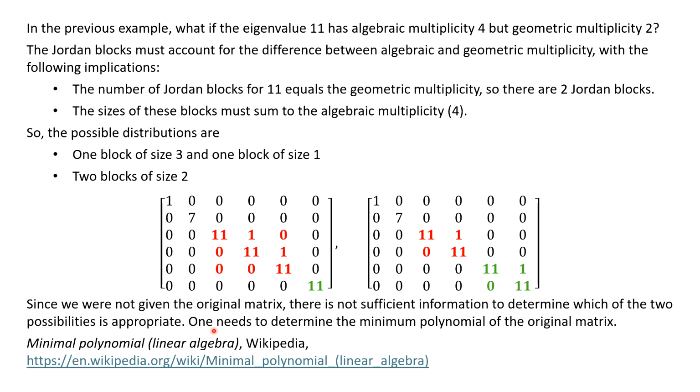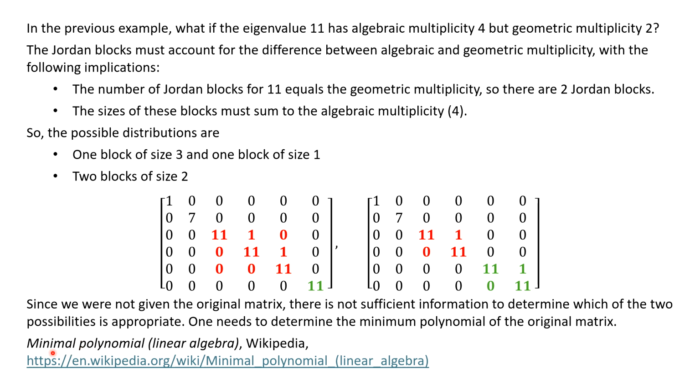So what you need to do, and I'm going to leave this as sort of a research project for the listener, you need to determine what's called the minimum polynomial. It's a polynomial that divides the characteristic polynomial, and sometimes it has lower powers for the different terms, and that's what gives you a determination of whether it's this or this Jordan normal form.